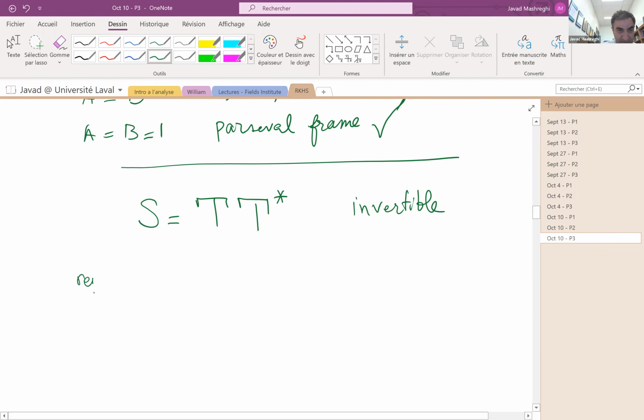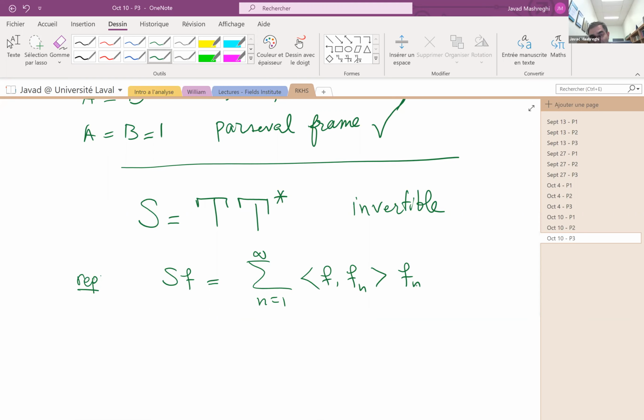So the most important representation in frame theory is this one. S of f is equal to the sum, n from 1 to infinity, of f inner product with Fn times Fn. So the sum we obtain here is not quite equal to f.